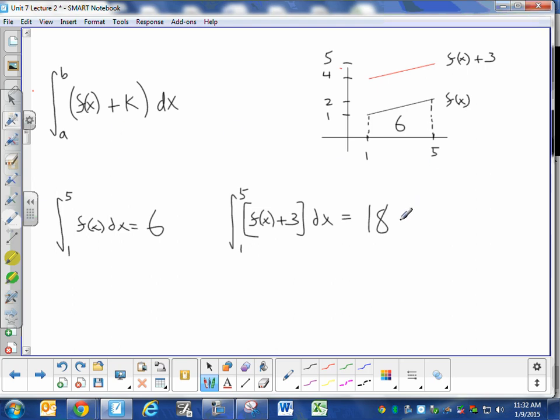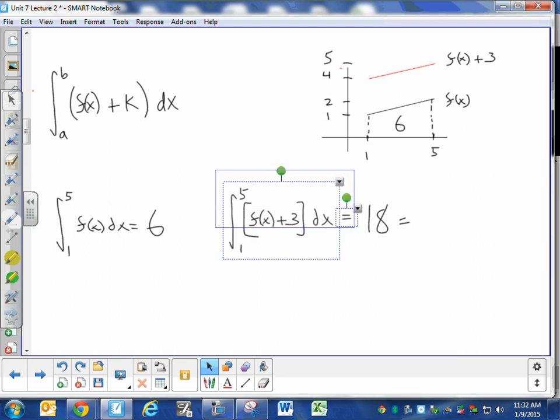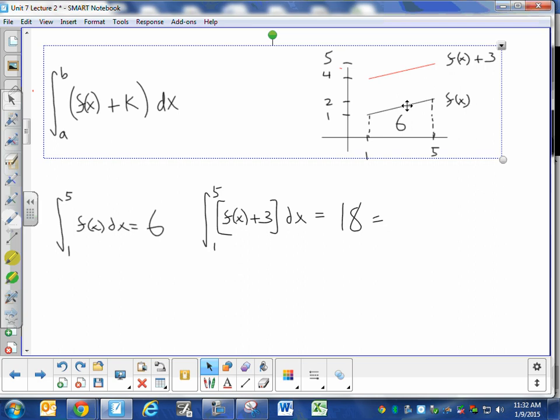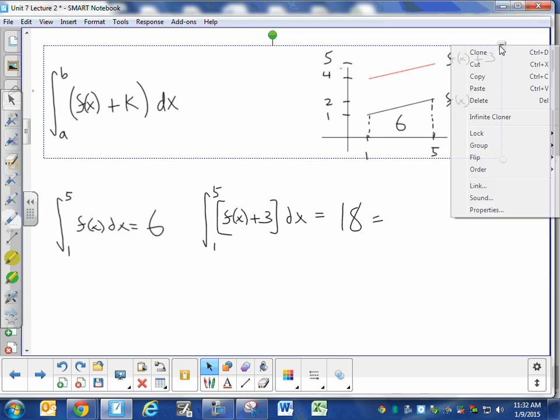Well, here's another way we can think about this and another way we can figure out this area. I take this function and I add 3. What happens is I carry the line segment. Grab the line segment, guys.